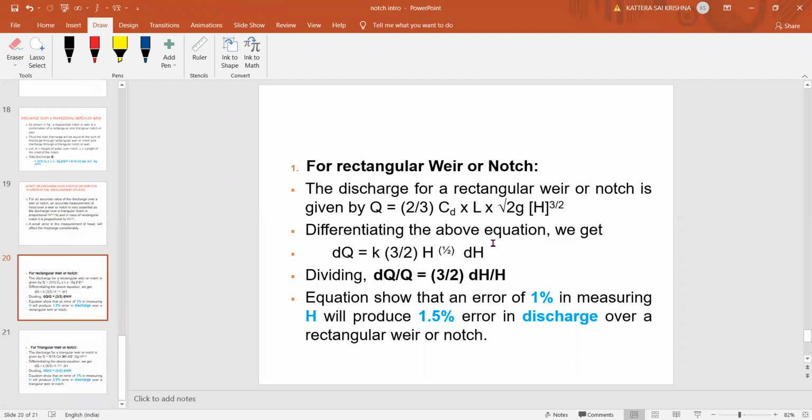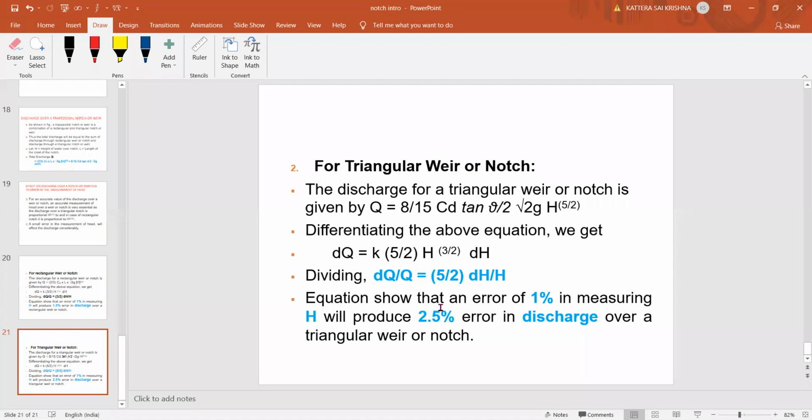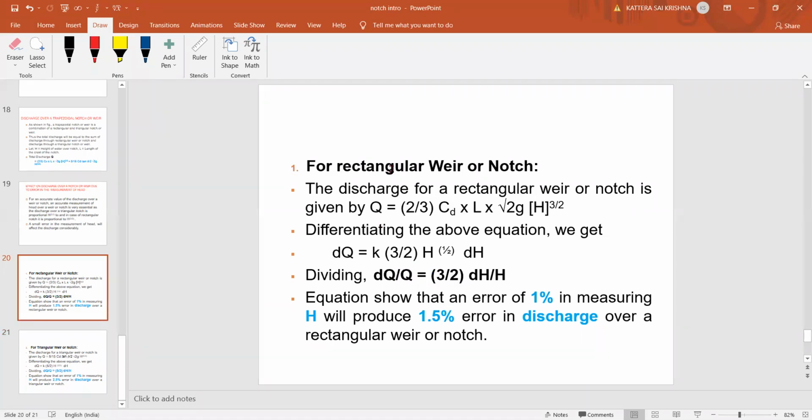See here, there is an equation which shows that if you take a 1% error in the h value, it will produce a 1.5% error in your discharge calculation, that is in case of your rectangular notch.